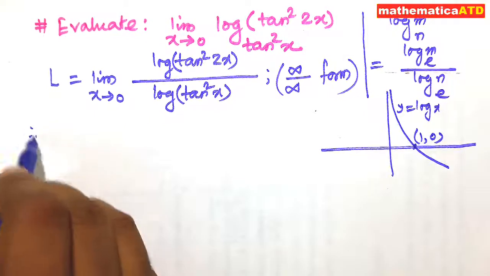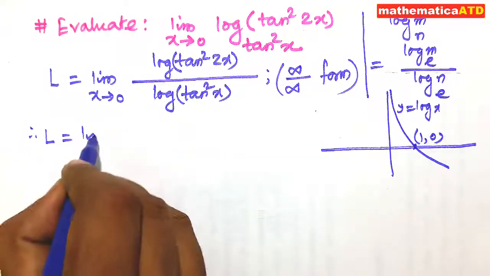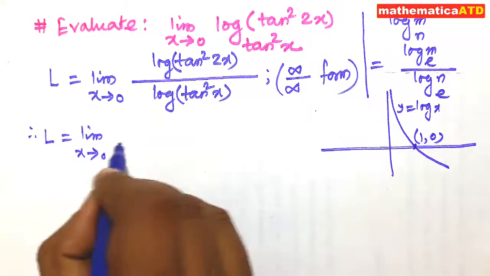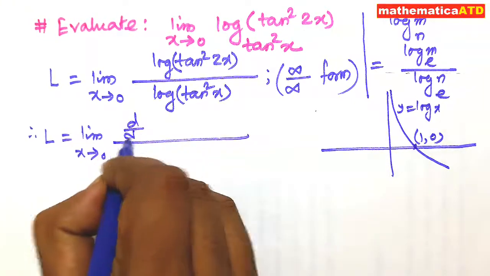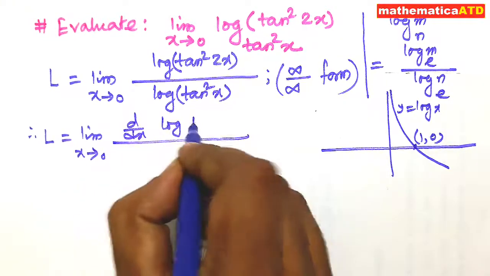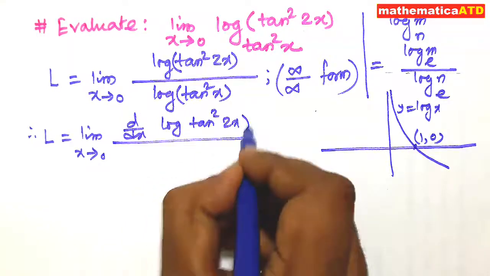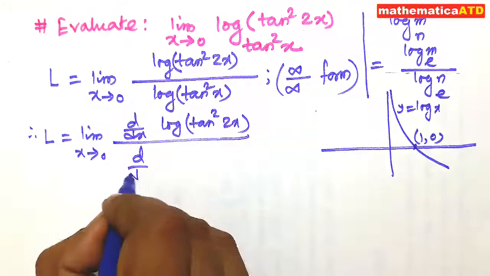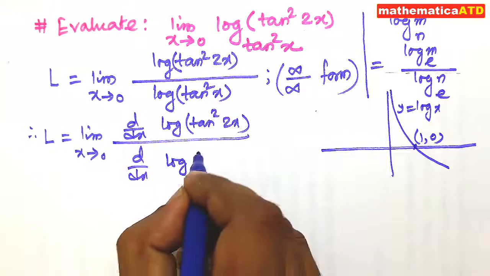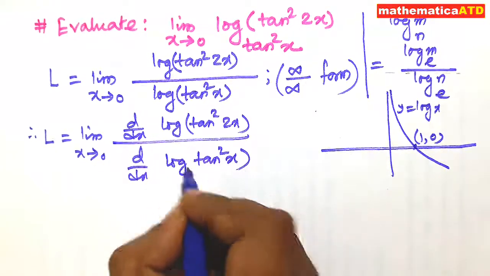So the limit x tends to 0 of d/dx of log of tan 2x divided by d/dx of log of tan x.